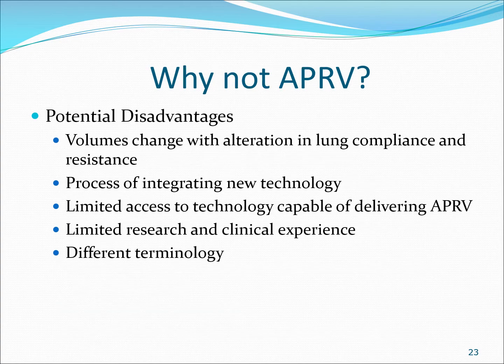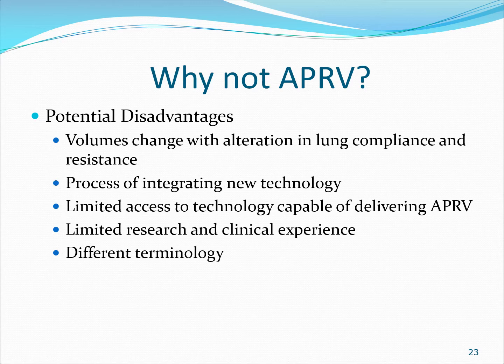So here are some of the disadvantages of why people don't like APRV or any other modes on different ventilators. For example, APRV is a pressure control type of ventilation, so you initially set some pressures based on lung compliance. Lung compliance is not stagnant. It changes over time.